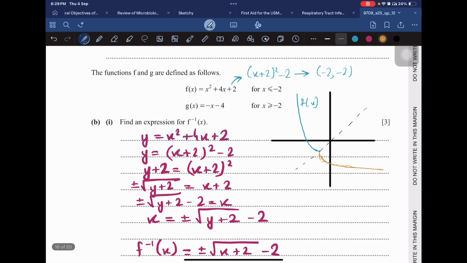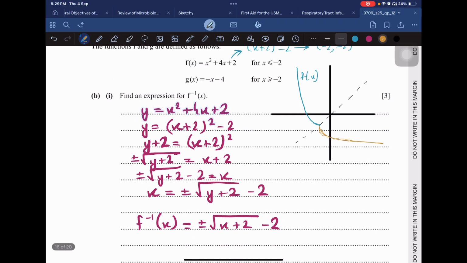so whenever there's a graph of root of x, the graph is of this shape. Now if it is positive root, then the graph will be above that turning point, but if it is negative root, then the graph will be below the turning point.